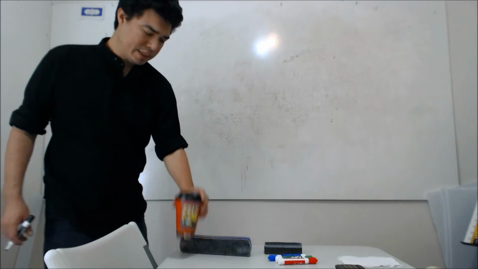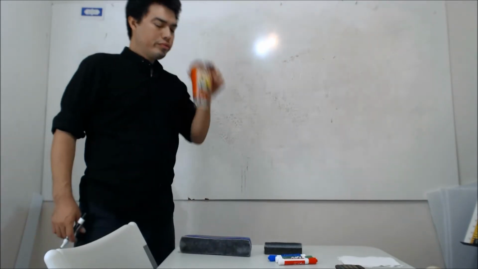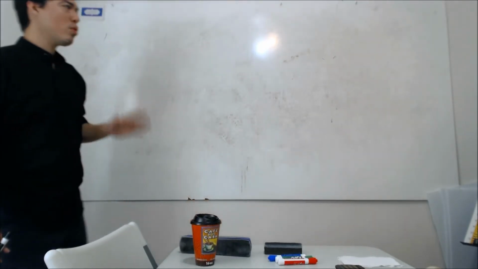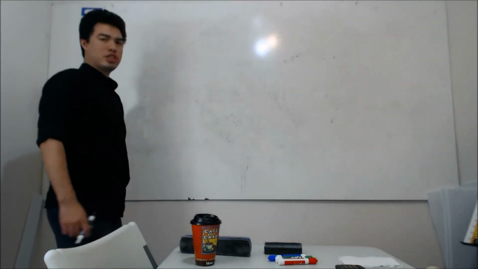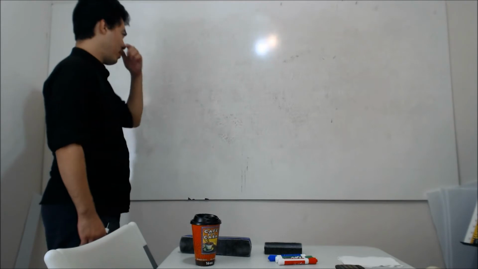And the answer is yes. And this is going to be important for the purposes of adding fractions, which is why I did multiplication first. You're going to see that right away.